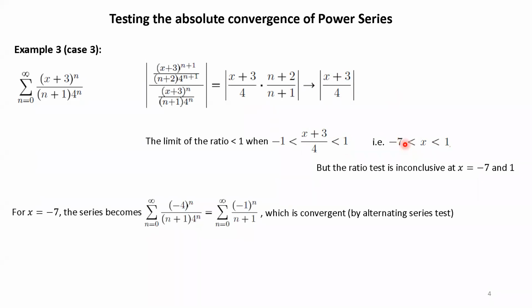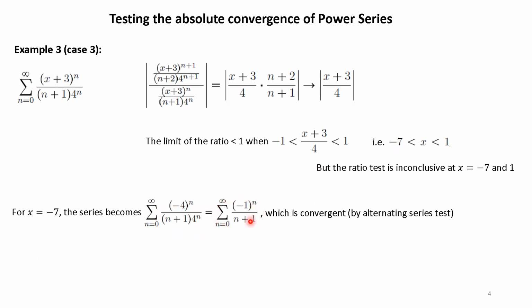For the 2 points, if I substitute x equals -7 back into the original series, this is what I have. Now we are going to make use of the other tests that we have learned. First of all, this one can be simplified like this.